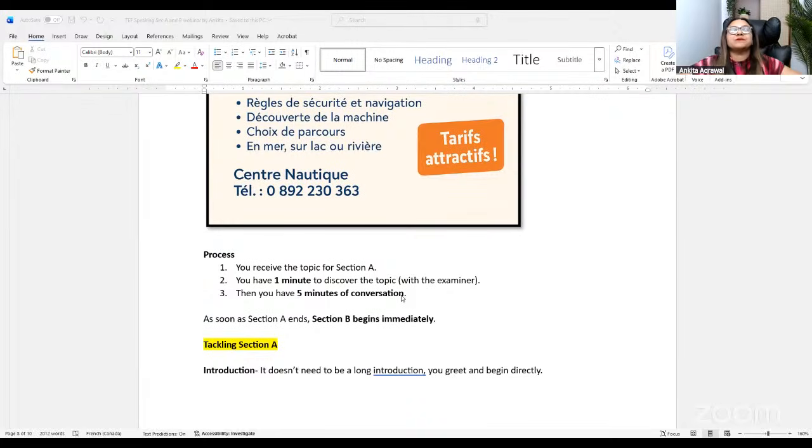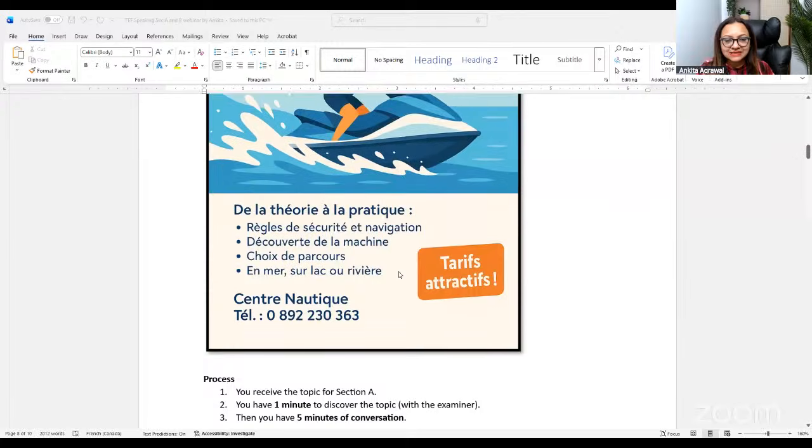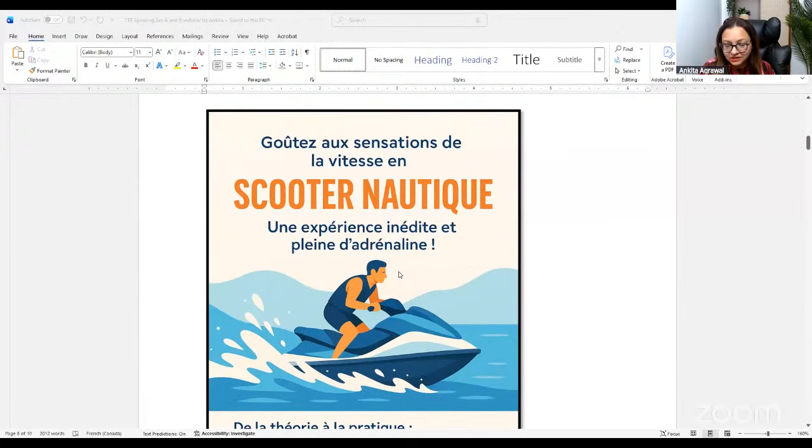Go and express it in a normal pace. Par exemple, bonjour mesdames, je m'appelle Ankita, j'ai vu votre annonce concernant le scooter nautique. Franchement, cela m'intéresse beaucoup et je voudrais vous poser des questions, s'il vous plaît. Alors, tout d'abord, simple pace.